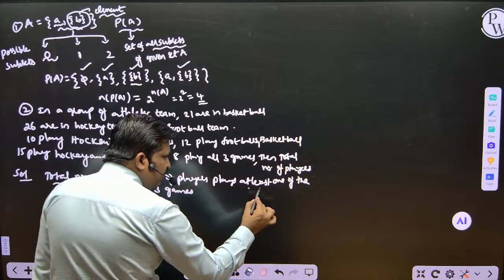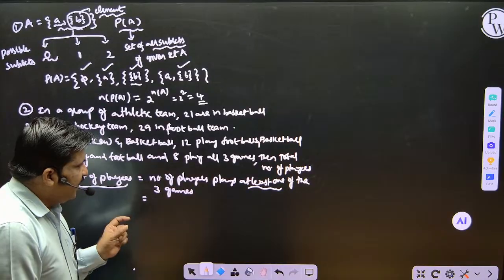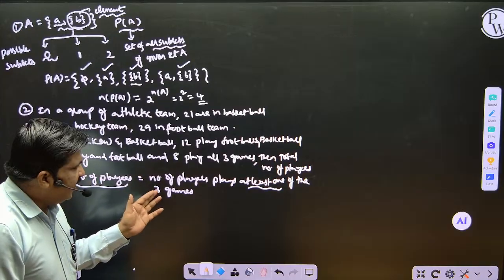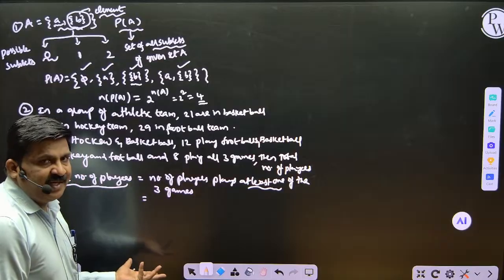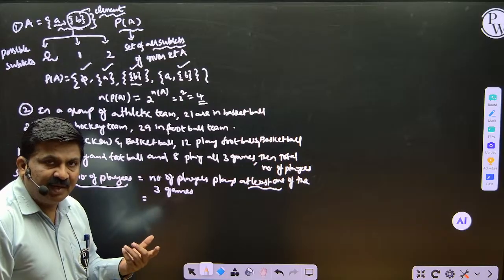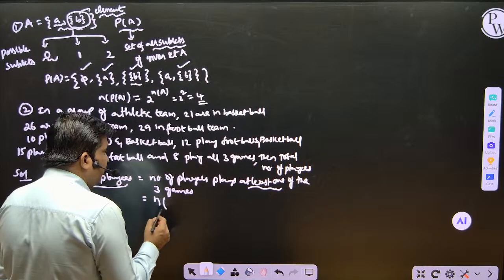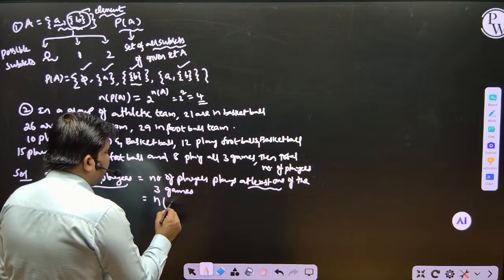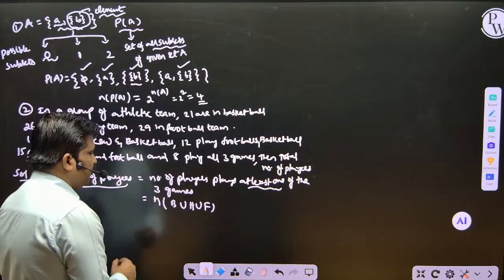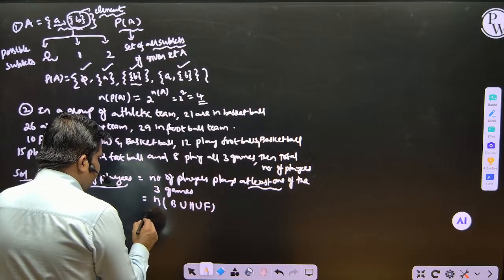Now, whenever you use the words at least, the meaning is a union. At least one of the three games. So when the words at least are used, it comes under union. What is that union? N of basketball union hockey union football. So what formula do we use here?